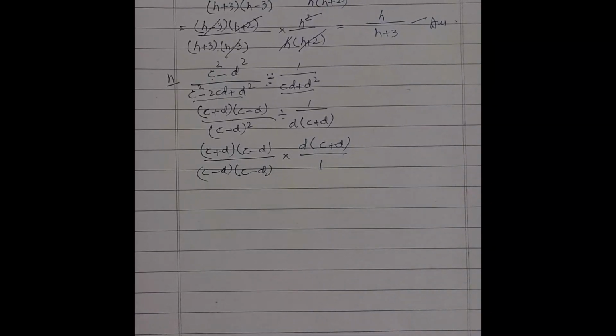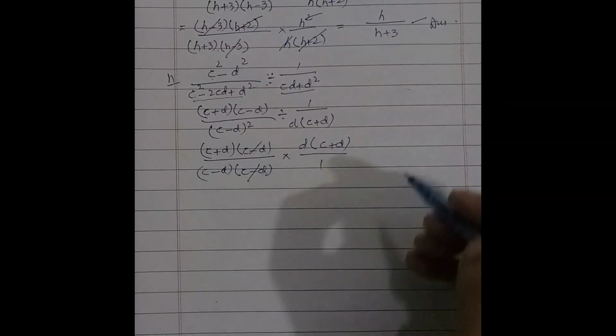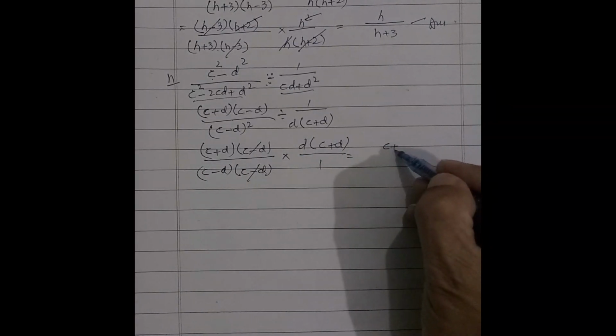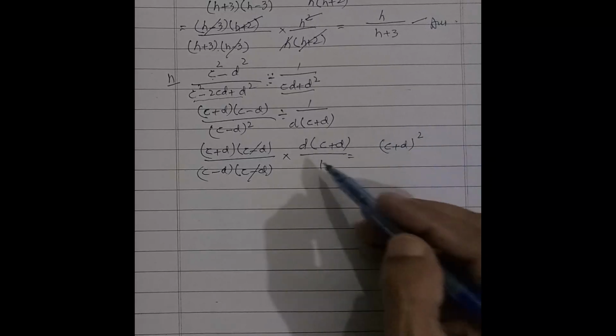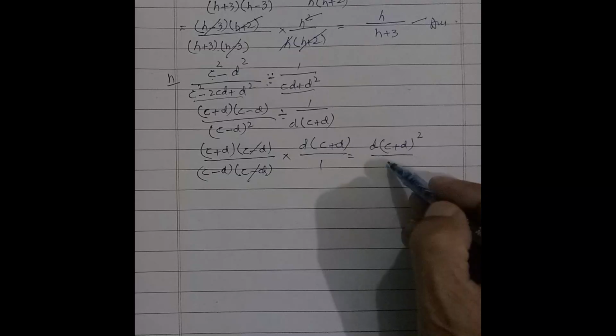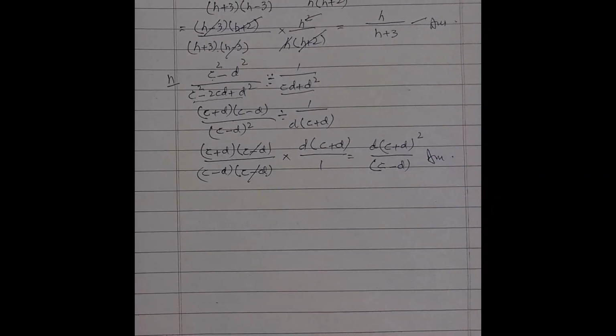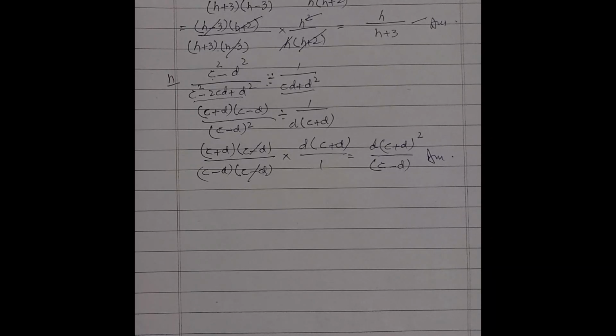Now we simplify the values. c minus d cancels with c minus d, and the remaining values we multiply. c plus d multiplied by c plus d. The answer is (c plus d) whole square, and also multiplied by d, and the denominator is c minus d. And it is the answer of H part of question 6.